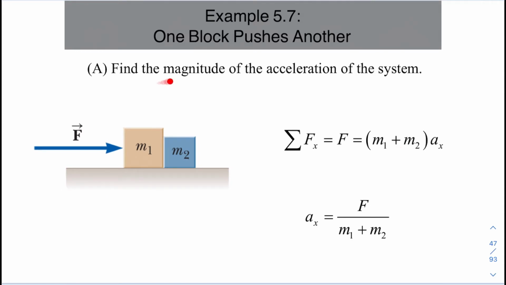When we talk about a system, it means we combine these two masses. So the sum of F, according to Newton's second law, equals MA, and of course the motion is along the x-axis.